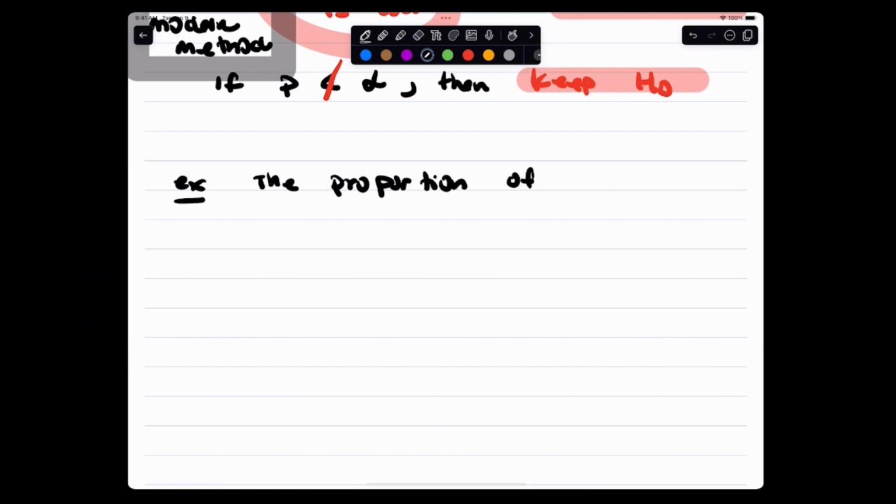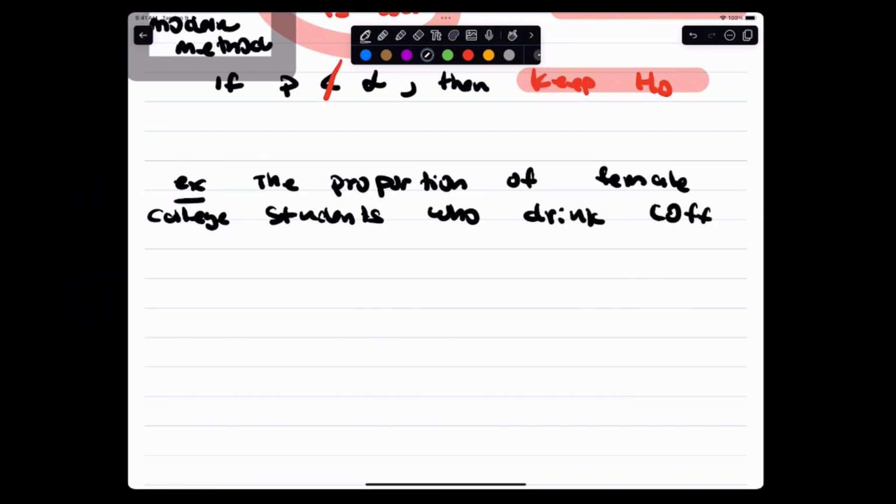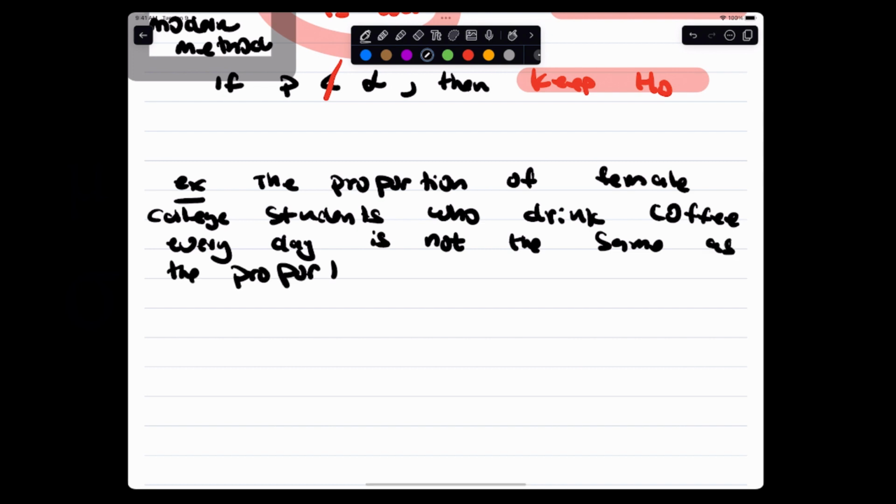The proportion of female college students who drink coffee every day is not the same as the proportion of male college students, as claimed by who? Snodgrass.